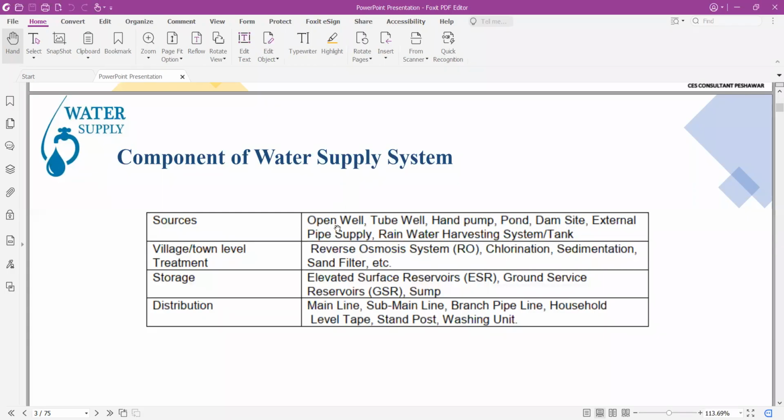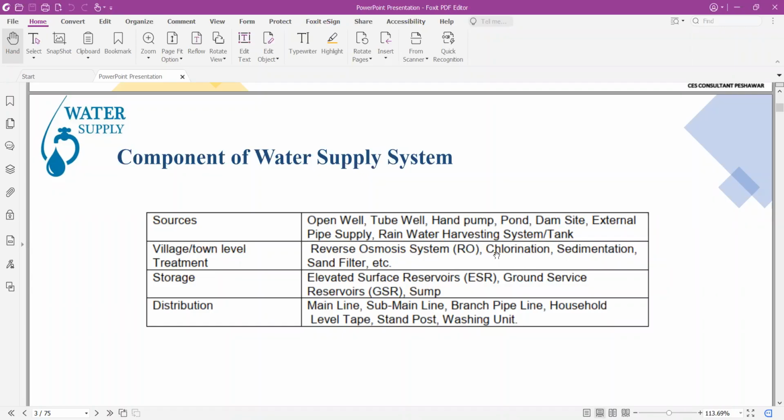Starting from the sources, it may be an open well, tube well, hand pump, pond, dam site, external pipe supply, or rainwater harvesting tank. If treatment is required for that source, it may be a reverse osmosis system. It's basically a filtration system, but here we filter the water by force, providing a forcing main to filter the required source of water.